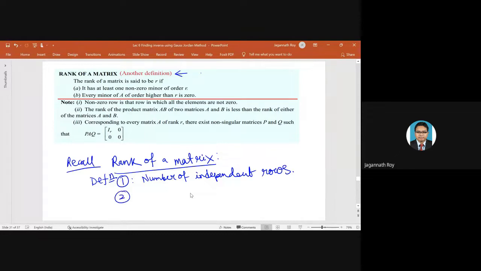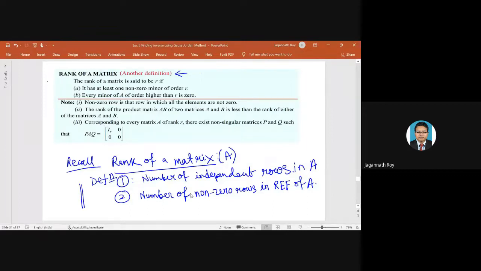Definition 2 says the number of non-zero rows in the row echelon form of A. Okay, that's what we have seen, two definitions.